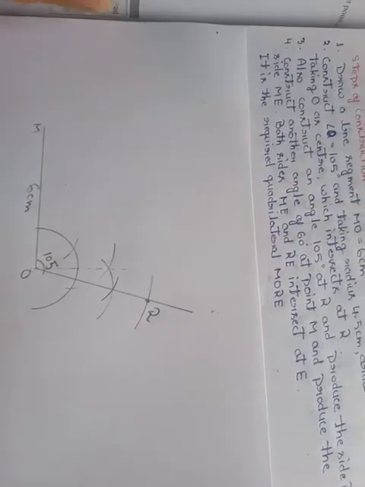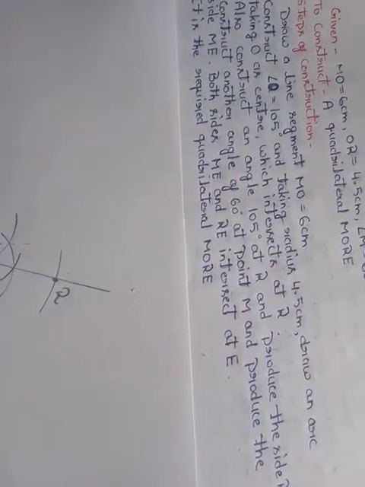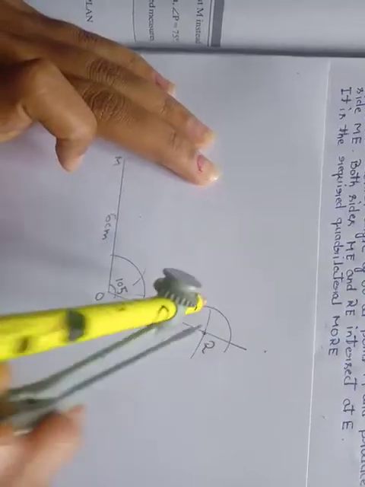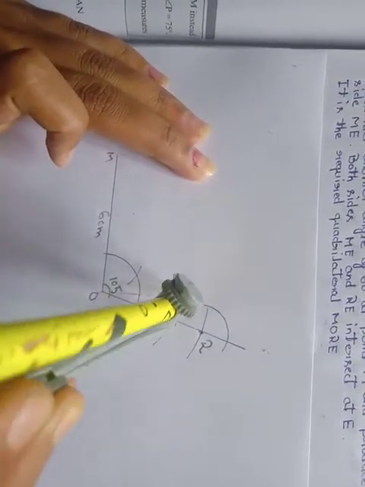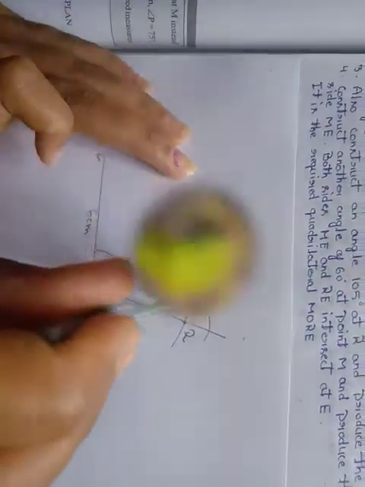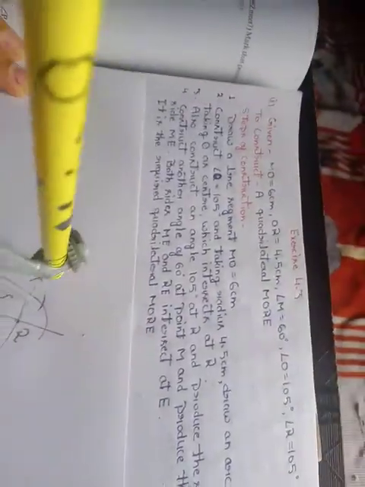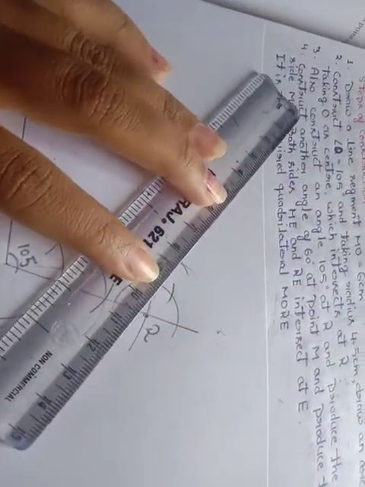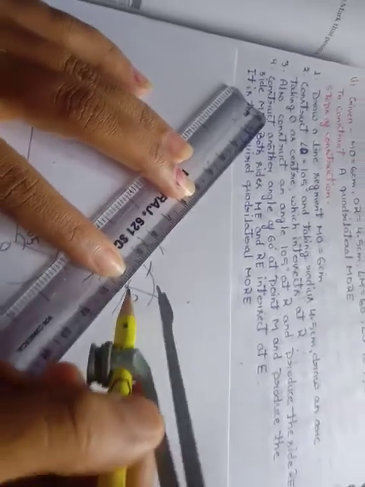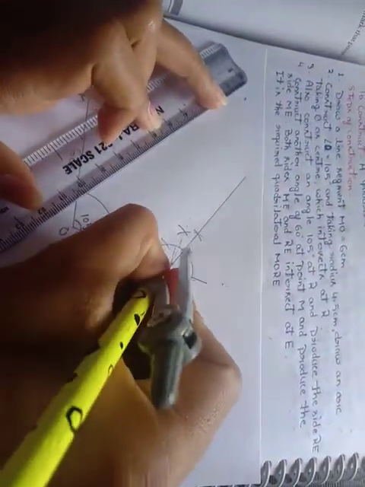Now also construct an angle of 105 degrees at R. At point R we construct an angle of 105 degrees with the help of 90 and 120 degree angles.